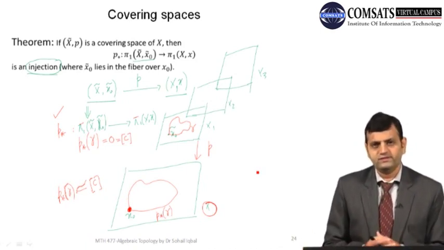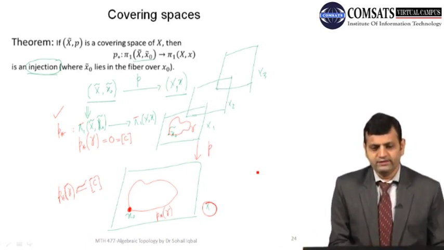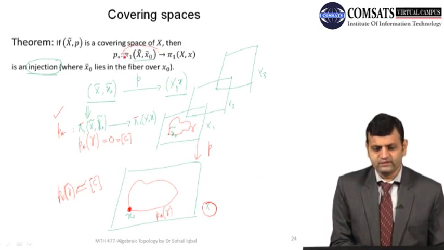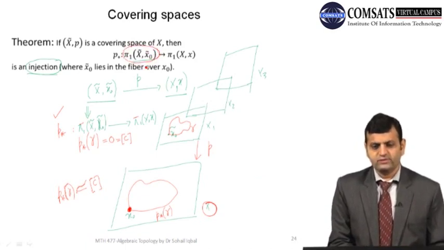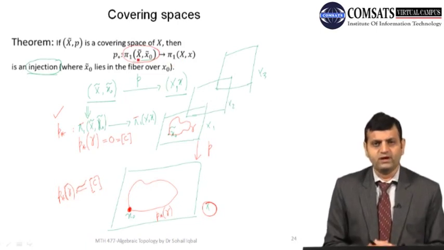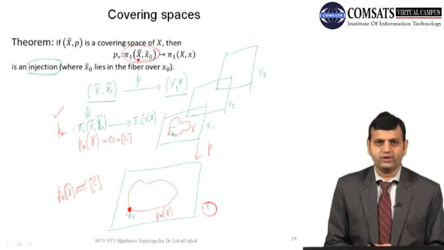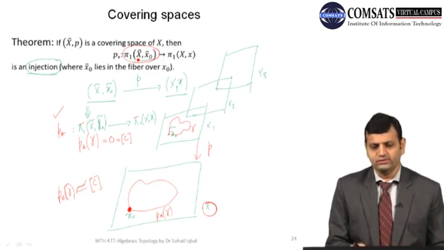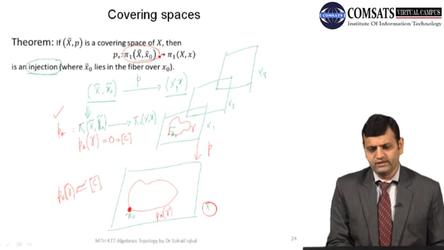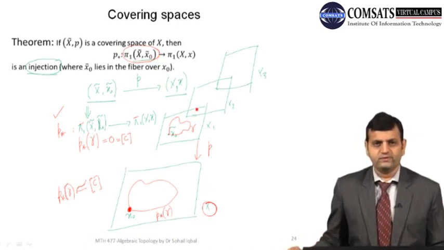In other words, the fundamental group of the covering space is going to be contained inside pi1 of X, the fundamental group of the base. Remember that this covering space is going to be path connected. If we have a path connected space, then the fundamental group at each and every point is isomorphic, so that's not an issue here. So the fundamental group of the covering space is isomorphic to a subgroup of the fundamental group of the base space.